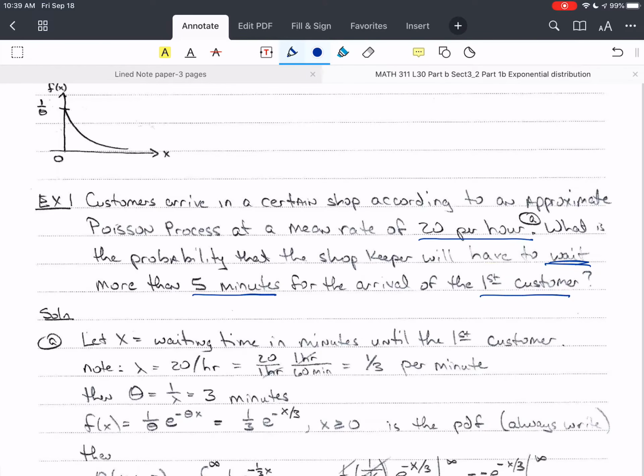That's telling us that this is going to be an exponential distribution, exp theta. So theta is going to be 1 over lambda. Now, we say more than 5 minutes, so our unit's going to be in minutes. So let x be the waiting time in minutes until the first customer, and lambda is 20 per hour.